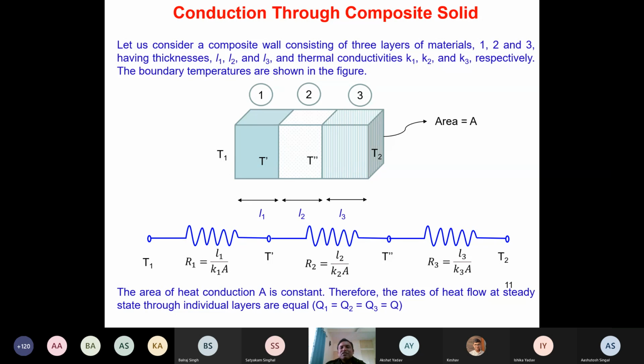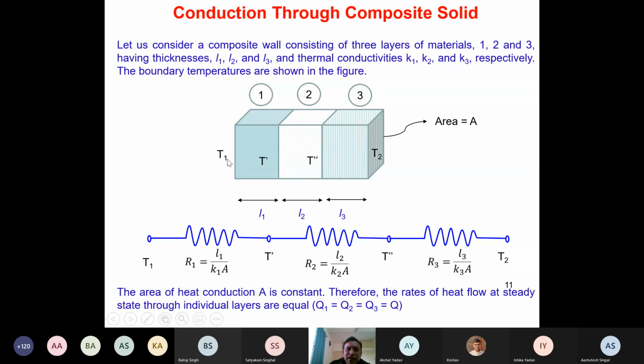So let's move to steady state conduction through the composite solid. Let us consider a composite wall consisting of 3 layers of materials, 1, 2 and 3. So here you can see there is a composite wall made up of 3 layers, layer 1, layer 2, layer 3. The thicknesses of these layers are L1, L2, L3.